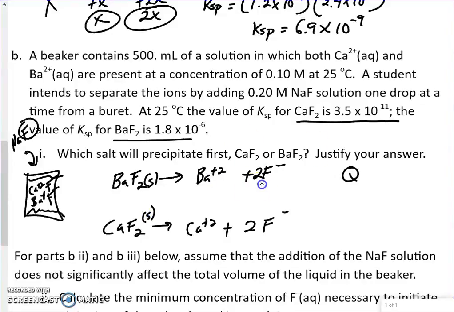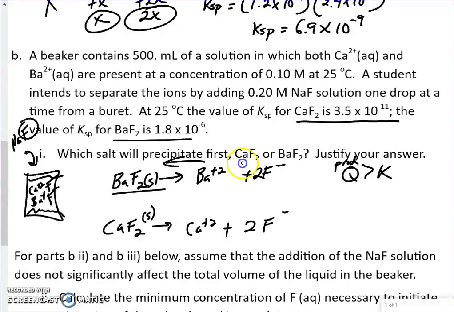As you're adding the fluorine ion and you already have the barium ion in here, what's going to eventually happen is Q is going to become greater than K. If you remember correctly, if Q is greater than K, it means our products are too large, so we're going to end up shifting towards the reactants. Well, what happens as we shift towards the reactants? The solid starts forming.